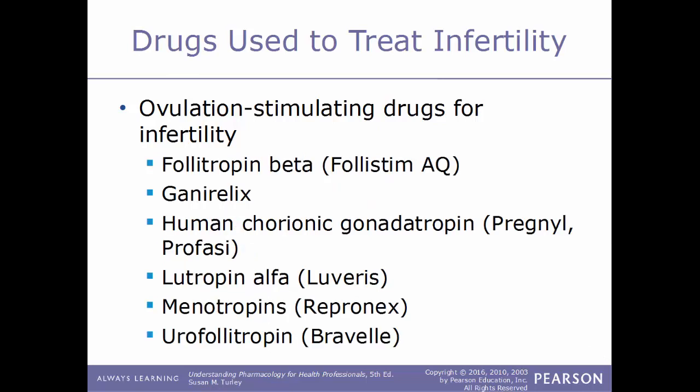Some other examples of this kind: follitropin beta, known by its trade name Follistim AQ; ganirelix; human chorionic gonadotropin, also known by its trade names Pregnyl and Novarel; lutropin alpha, known by its trade name Luveris; menotropins, known by its trade name Repronex; and urofollitropin, known by its trade name Bravelle.